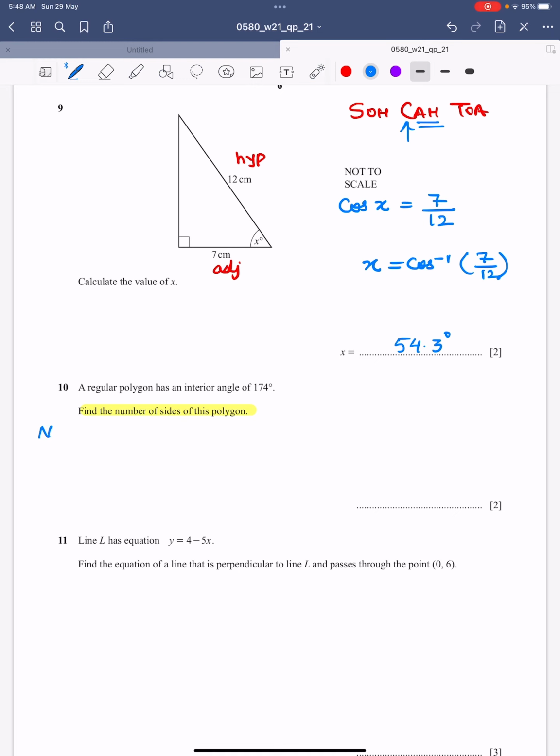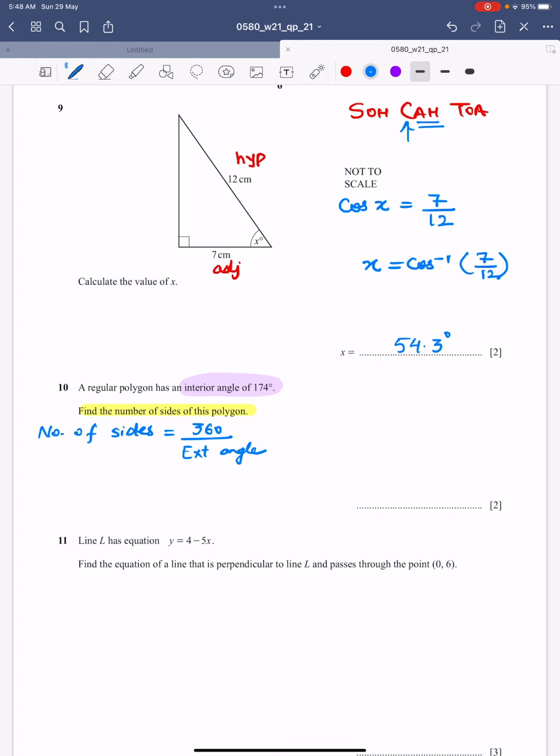The formula is number of sides is equal to 360 divided by the exterior angle. We need the exterior angle, but we are given the interior angle in the question. So how do we use the interior angle to find the exterior angle?